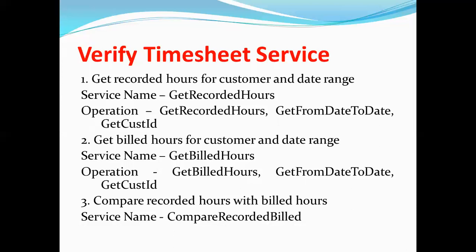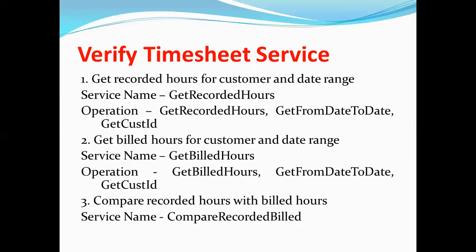Similarly, the second is get billed hours for the customer and date range. The name of the service is given like this: get billed hours, and the operations identified are get billed hours, get from date and to date, and the third operation is get the customer ID for a particular customer. After completion of service 1 and service 2, compare the first service with the second service.